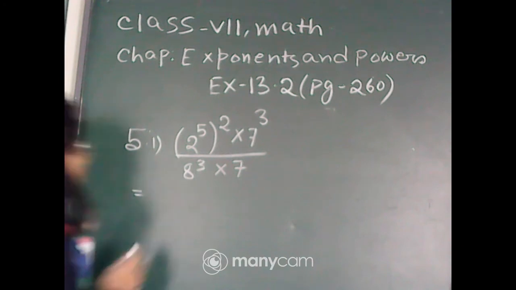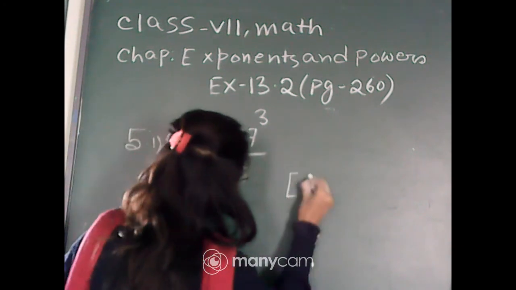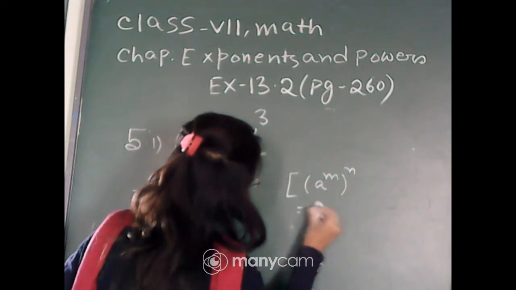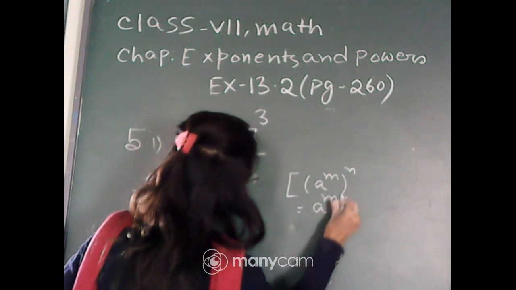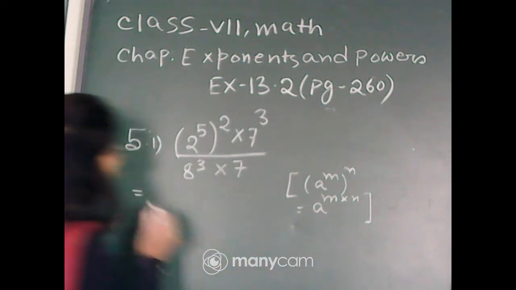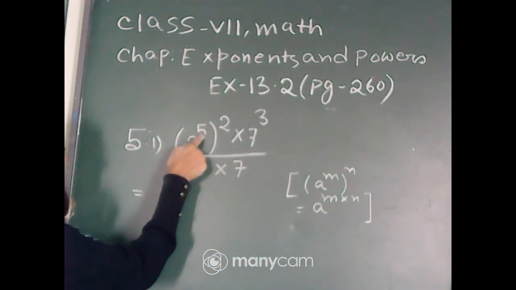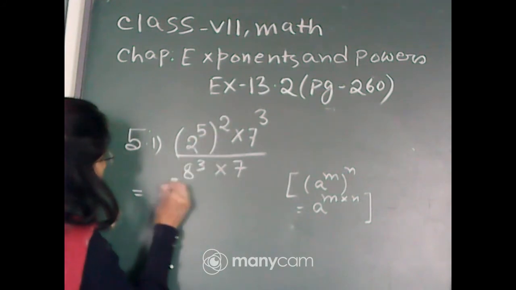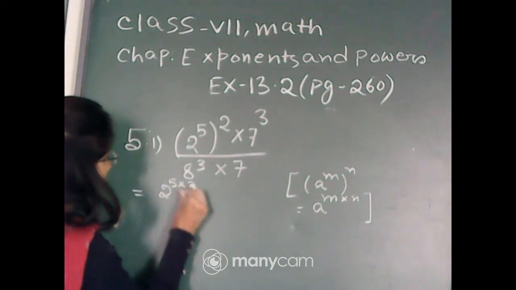Now, we use the law a to the power m whole to the power n is equal to a to the power m into n, where a is any non-zero integer and m, n are whole numbers. So, 2 to the power 5 whole to the power 2 is equal to 2 to the power 5 into 2, isn't it?